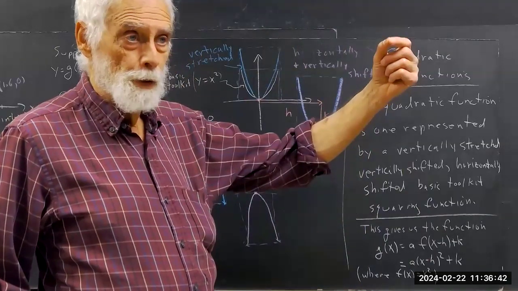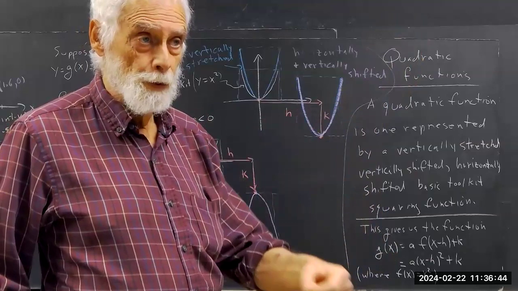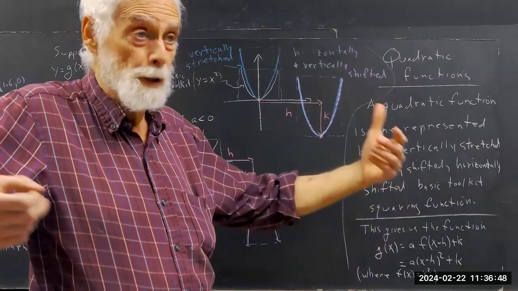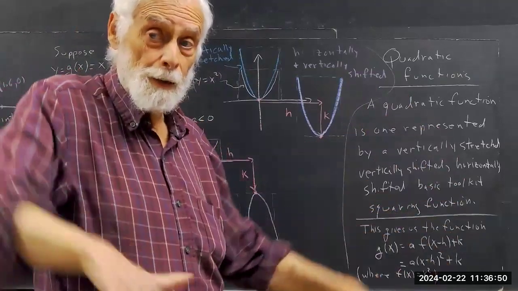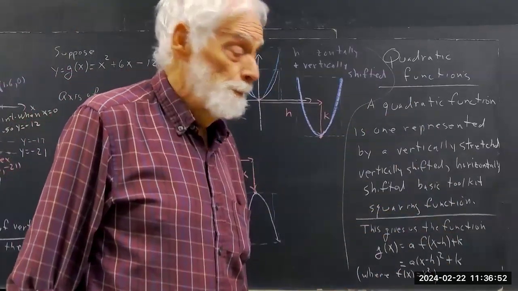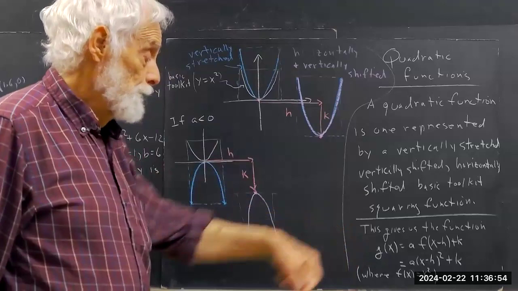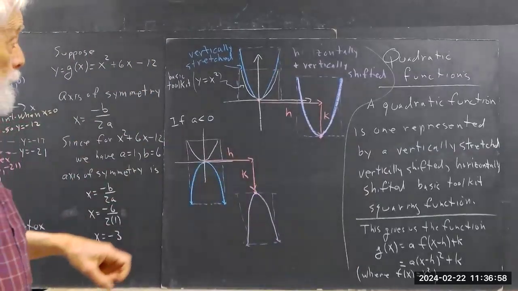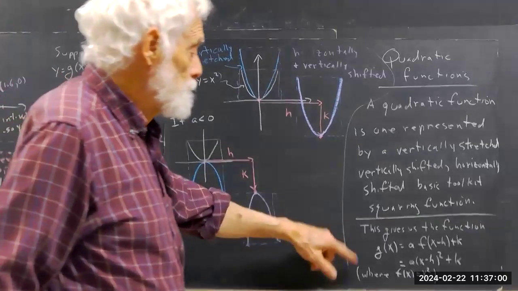Start in the upper left-hand corner, over 1, down 2, over 1, down 2, over 1, down 2, then over 1, up 1, up 2, over 1, up 2, over 1, up 2, and you've got a nice parabola, okay? You've got to know those rules, and you will have to know that throughout the course. Okay. Gives us this function.